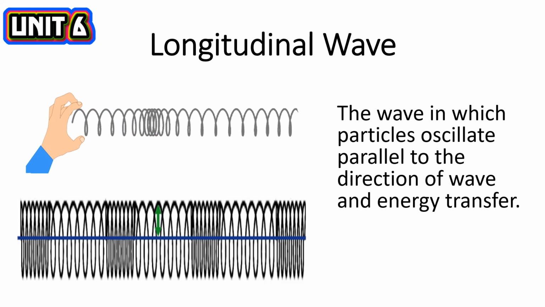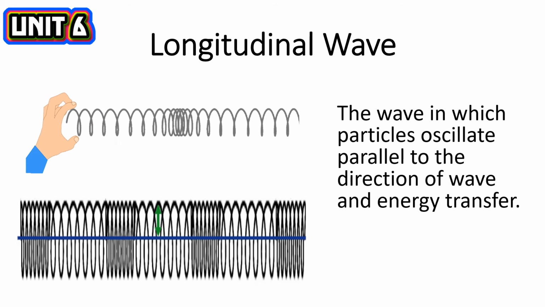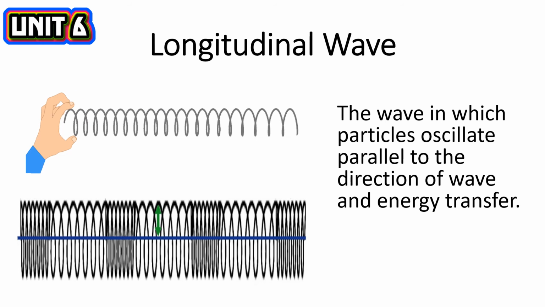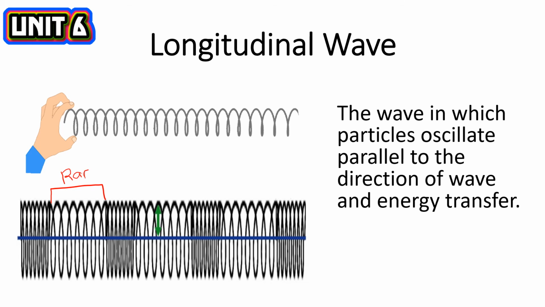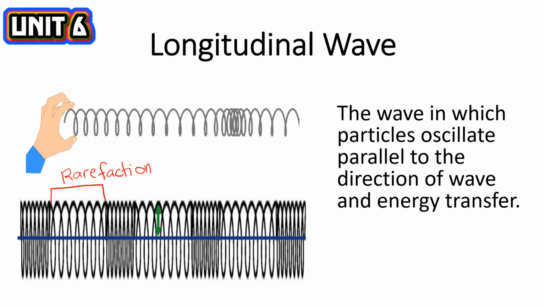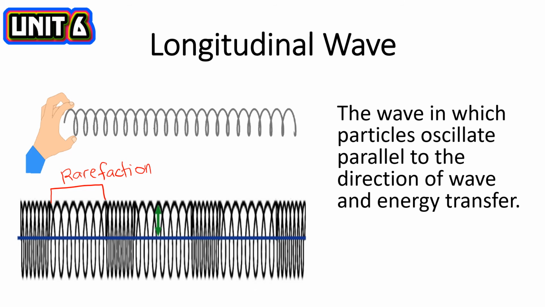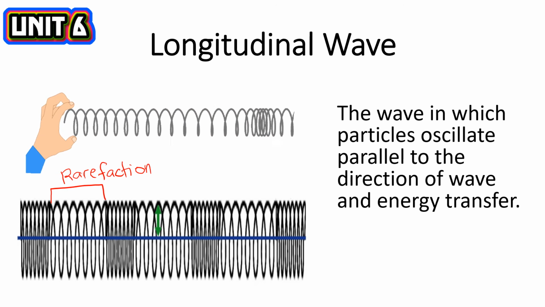So we have here the so-called rarefaction. Where is your rarefaction? Your rarefaction is this area. It is like the low pressure area of your spring, meaning the relaxed area of your spring.